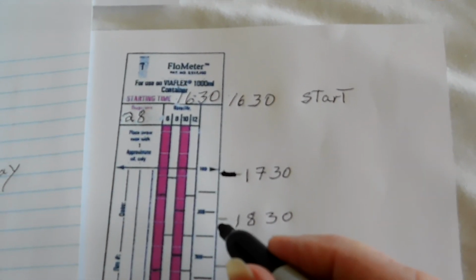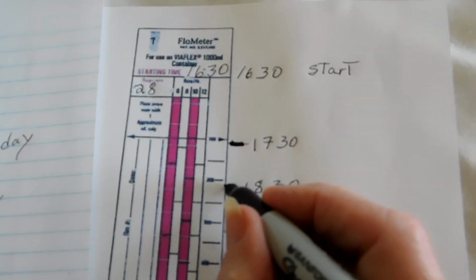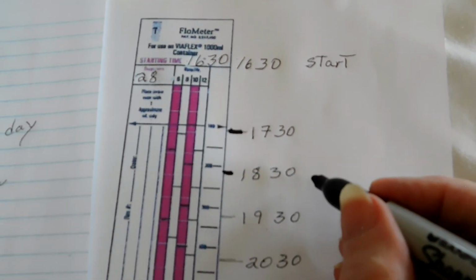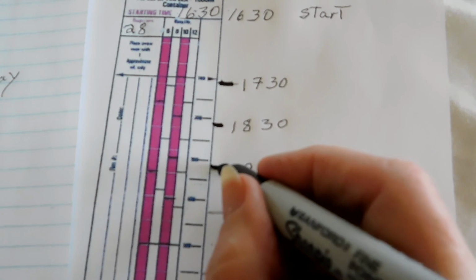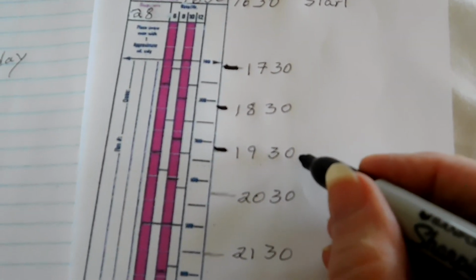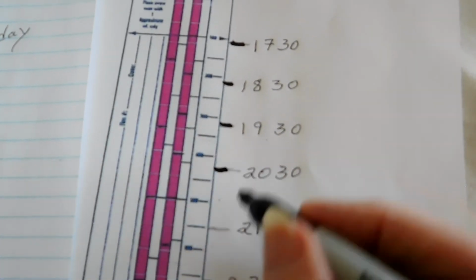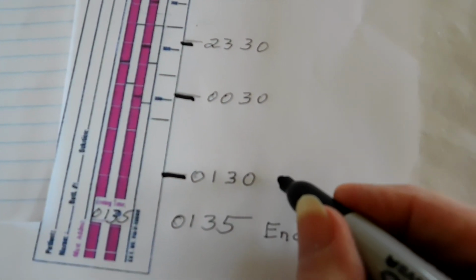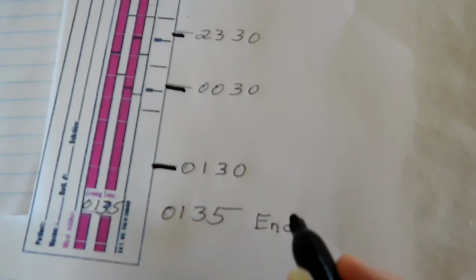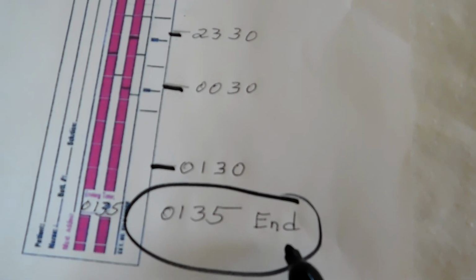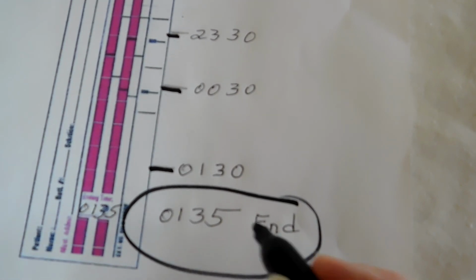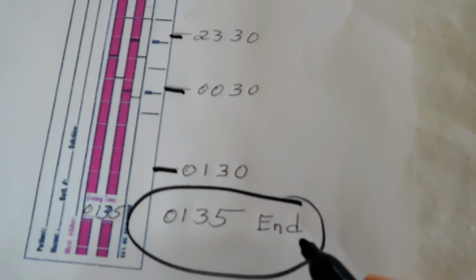Another 110, we're at 220, so approximately there, and that's 1830. And then 330 here, let's just say it's a third, 1930 and 2030, and we go down to our 0130, and then 0135, 5 minutes later, we have the end time. And I would definitely circle it on your time tape.